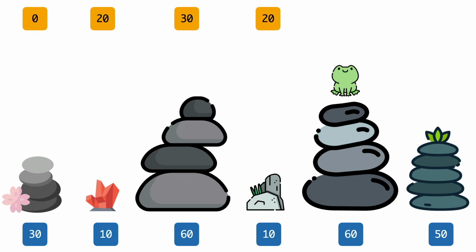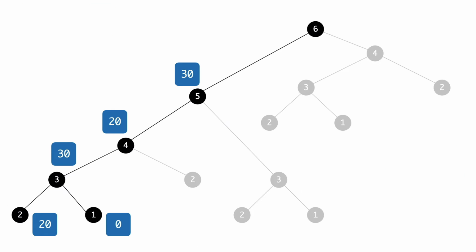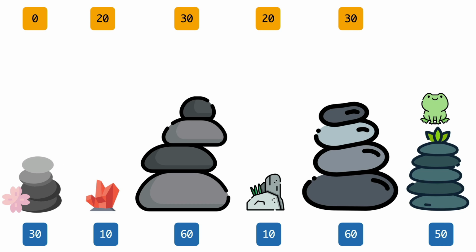So that's 50 plus 20, 70, versus you could have come in from the third stone, and the cost of that jump would be 0, and the overall cost would be 30 plus 0, which is 30. So you can see that 30 wins this round, and that's what we're going to keep track of as we move on to the final stone, and this is going to be our final answer. How did we land up at the final stone?